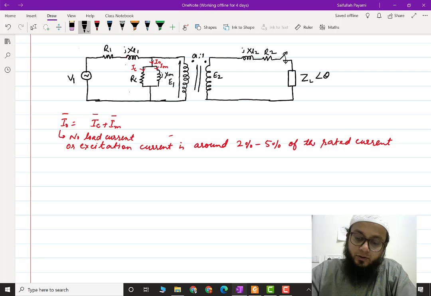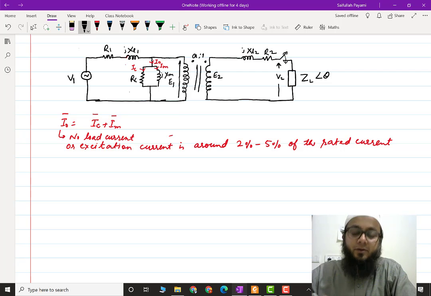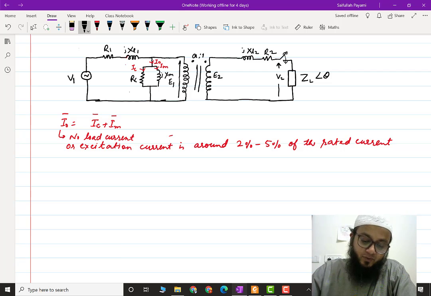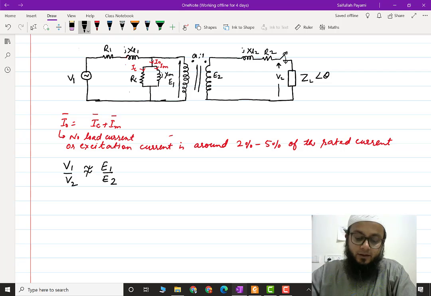If this is the terminal voltage V2 here and V1 here, generally we mark the transformer's rating or turns ratio by V1 by V2. Obviously this V1 by V2 is not equal to E1 by E2, because there would be some voltage drop across these series components.